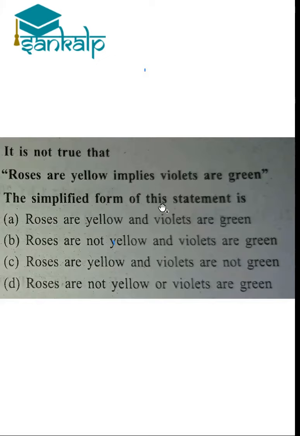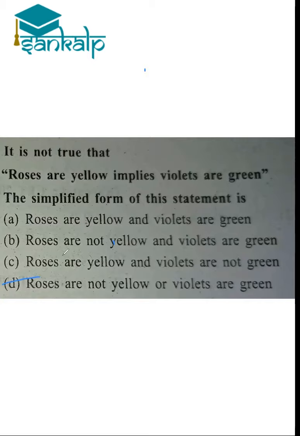The simplified form of the statement is roses are yellow and violets are green. So the option D is the right answer: roses are yellow, violets are green.